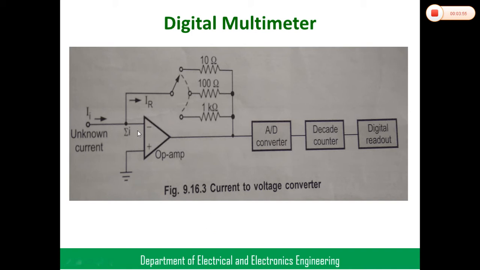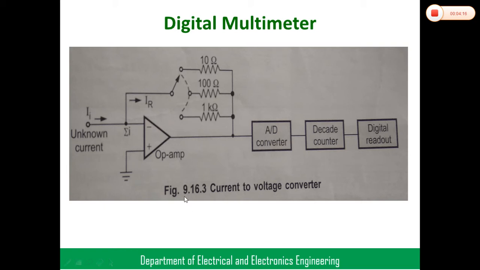As the input current of the op amp is almost zero, the currents IR and IA are equal. IA is equal to IR only.